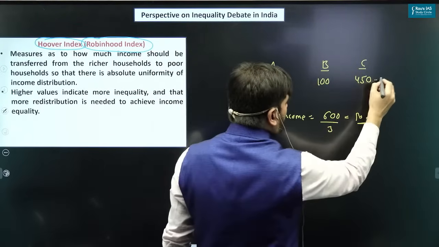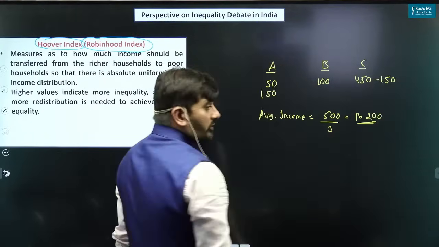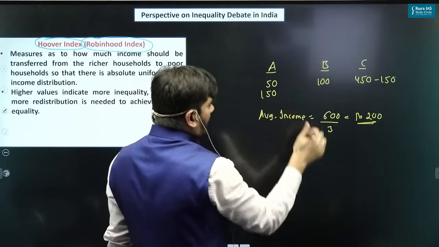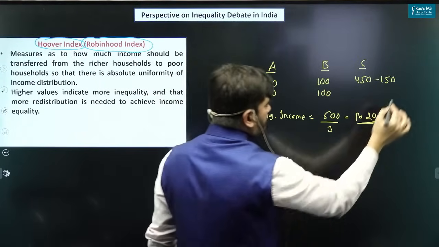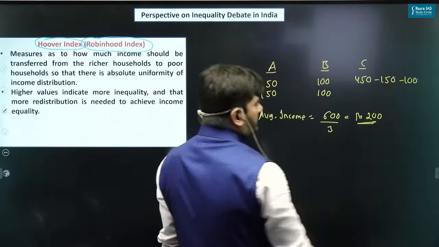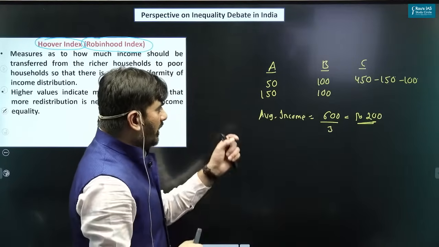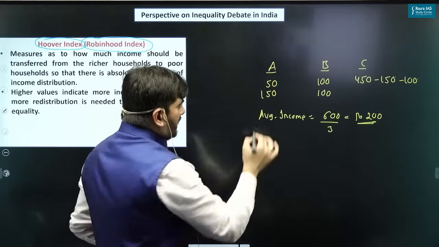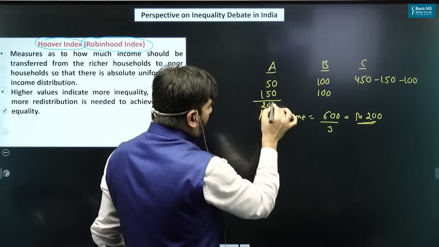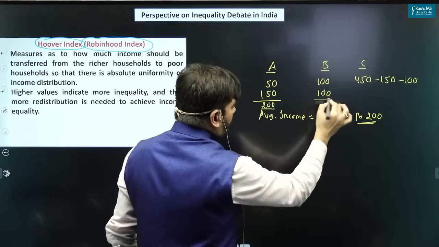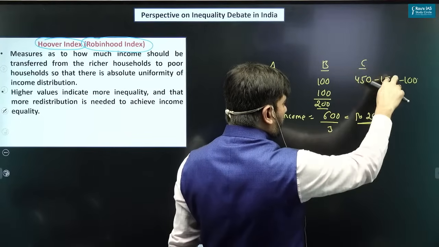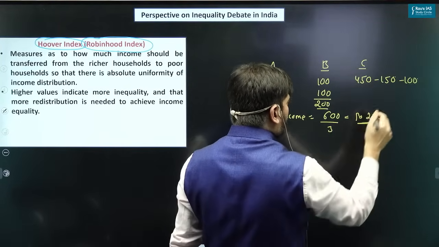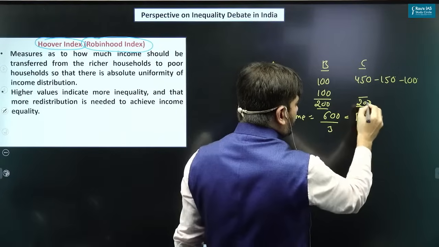From household C. To household B, we have to transfer another 100 rupees, right? So now the total income of household A will be 200, household B will be 200, household C 450 minus 150, 300, 300 minus 100, 200.